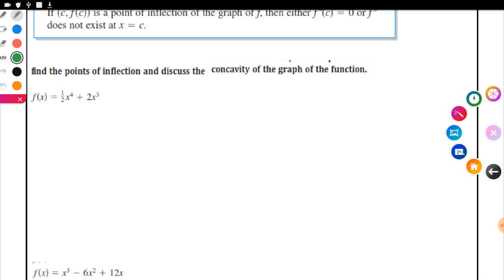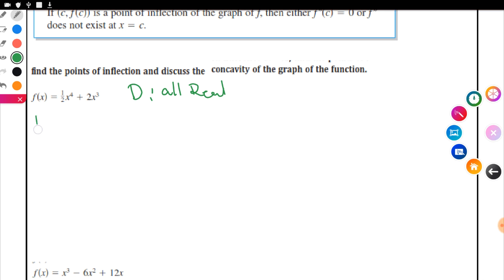The first step, I have to say what is the domain of the function. This domain is all real numbers. That's right. Because at the point of inflection, the function must be continuous, must be defined, and has a tangent line. Okay? The second derivative equals 0 and the concavity changes.